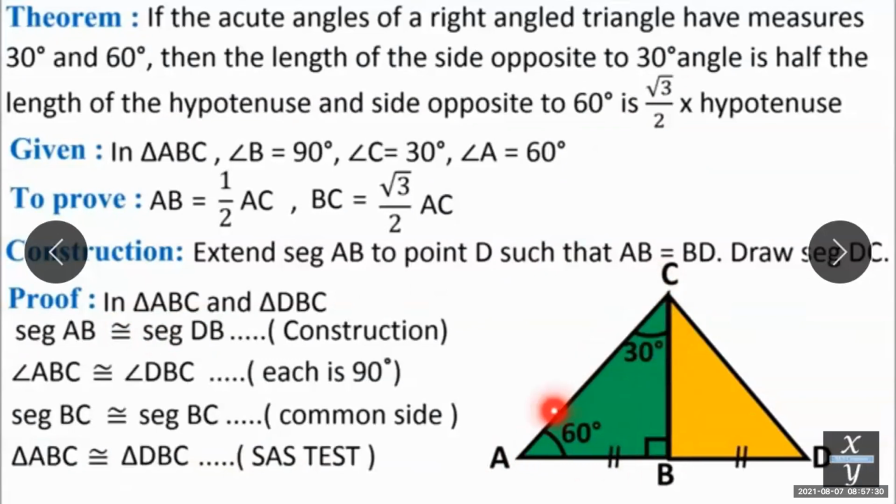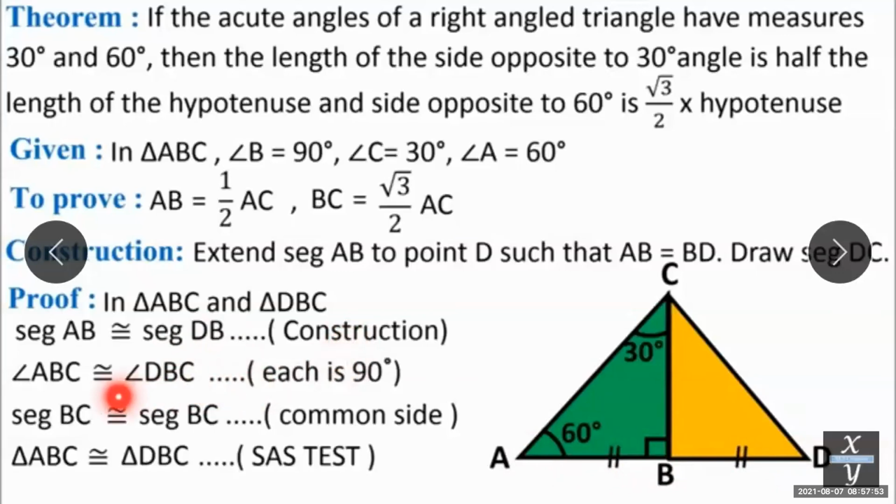In triangle ABC and triangle DBC, in these two triangles, segment AB is congruent to segment DB. We just saw segment AB congruent to segment DB. It is because of construction, so the reason will be construction.